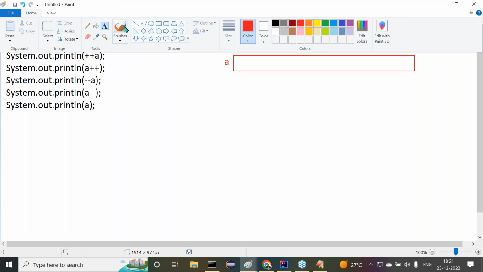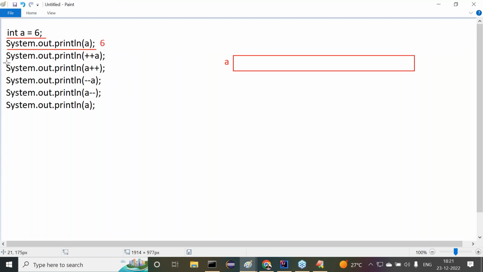Next one is System.out.println of ++a. ++a is a pre-increment. If it is a pre-increment, first the a value must be incremented.